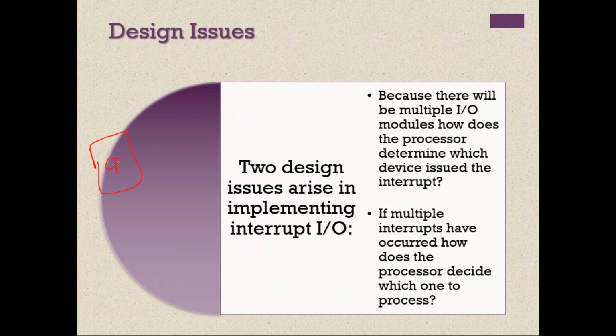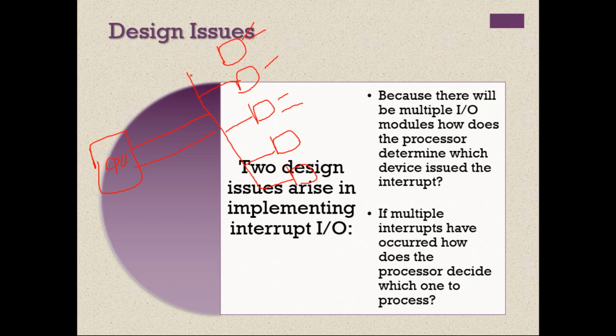We have a common interrupt line for all IO modules. Any IO module should use this line only. Say you have many IO modules, say IO module 1, 2, 3, 4, 5, up to 10 or 20, whatever it may be, and each IO module contains multiple IO devices. All IO modules are connected through one interrupt line.